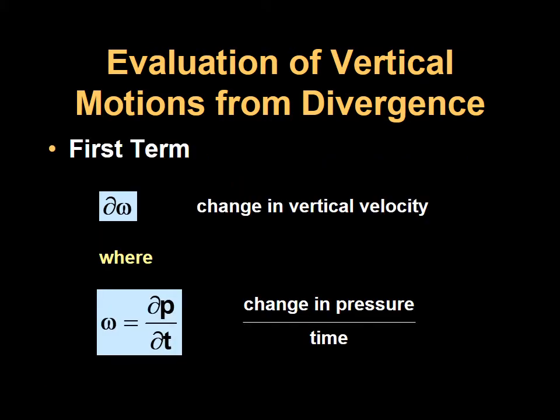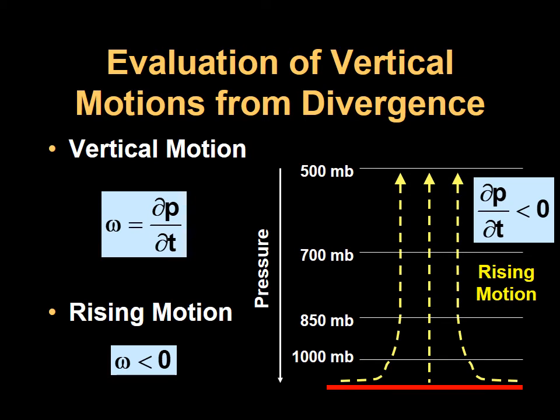So let's take a look at this first term, the d omega, which is your vertical velocity. This would be a change in vertical velocity, where omega means dp dt. That means a change in pressure with time. So how does that relate to vertical velocities? Well, in our atmosphere, pressure decreases as you go up.